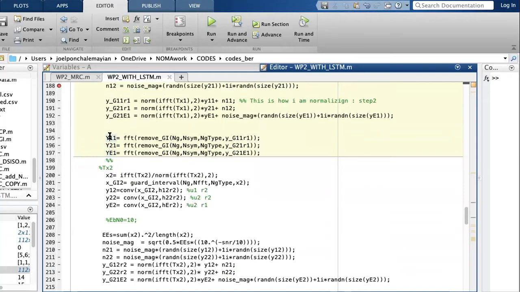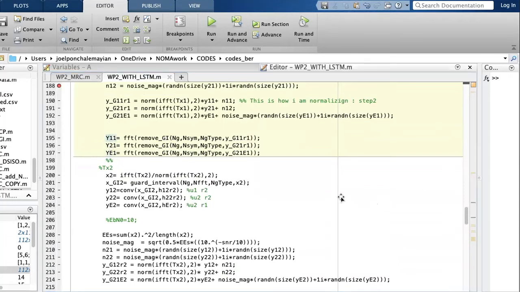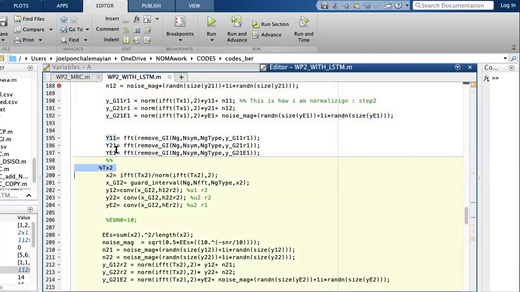This is basically now this one. Yes, for you to be able to get the received signal during the first round at user one, this is the process of receiving it.